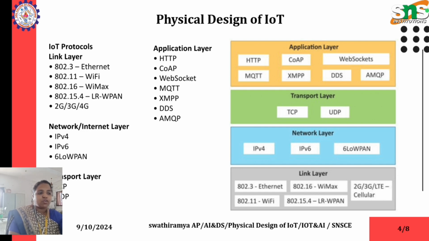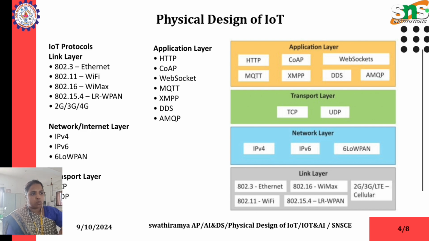When you go for UDP, it is the User Datagram Protocol. TCP is connection oriented, UDP is connectionless. TCP is reliable, UDP is unreliable. In TCP the data is ordered, whereas UDP has no order of delivery and no retransmission.